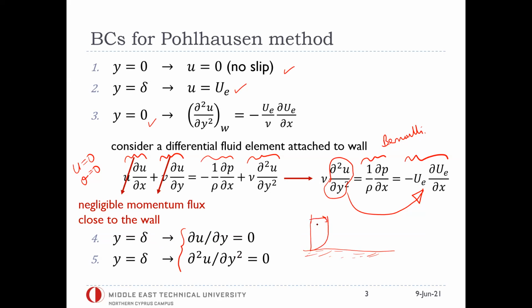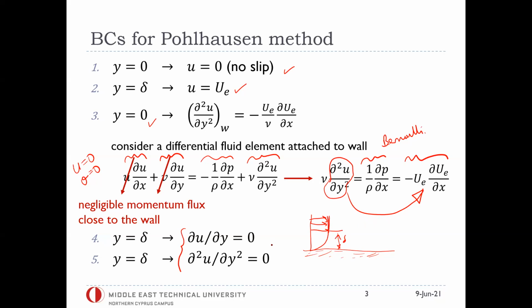So above the edge of the boundary layer, we have basically a flat uniform distribution, especially for a flat plate problem. This means that there is no variation in u with y. U is not a function of y anymore if you are above delta. So both derivatives must be equal to 0.